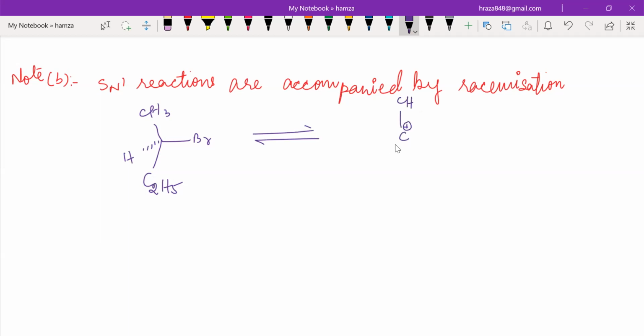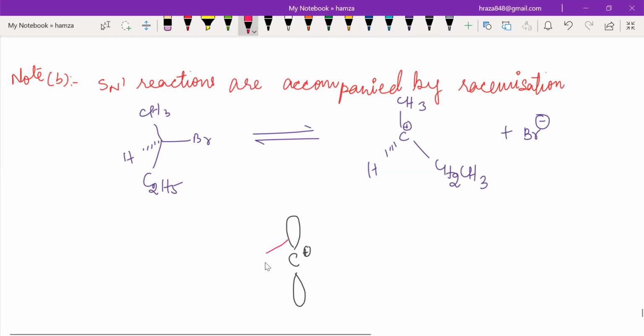That means this is CH3, this will be H, and there will be CH2CH3, that means C2H5, and Br minus will be eliminated from it. Now there are two possibilities. You can see this is C plus, that means carbocation, and there will be a vacant orbital in carbon.